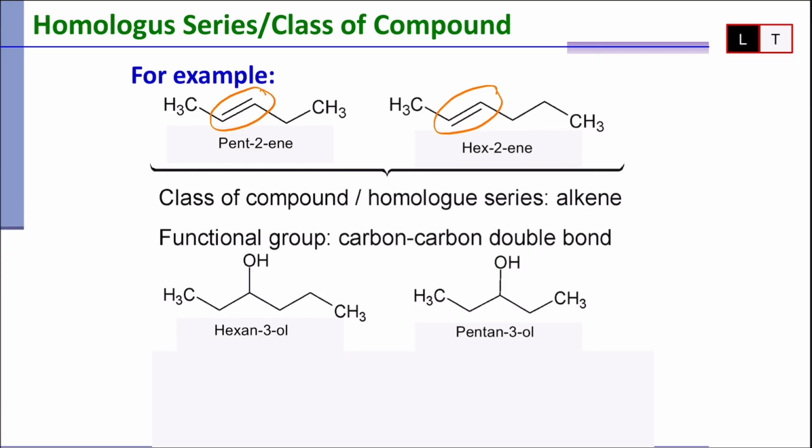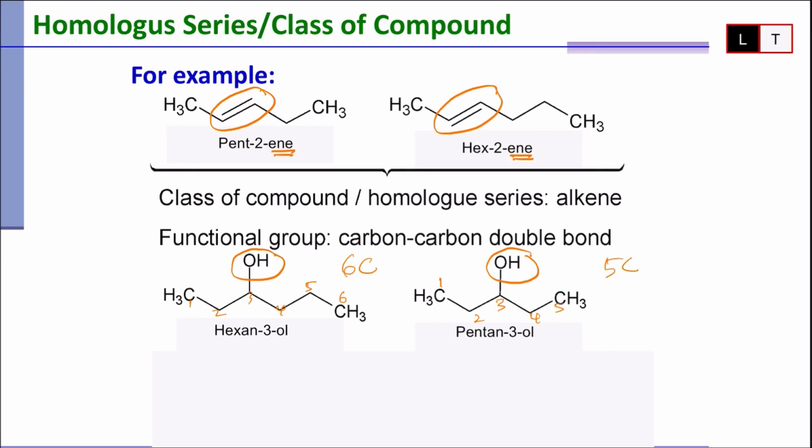Sebab nama hujung dia berakhir dengan in. And then functional group dia adalah carbon-carbon double bond. Next, kalau saya ada this one, saya ada functional group OH. So ini pun OH. Bilangan yang berbeza adalah bilangan carbon. Kalau this one saya ada 1, 2, 3, 4, 5, 6. 6 carbon. Kalau this one saya ada 1, 2, 3, 4, 5.